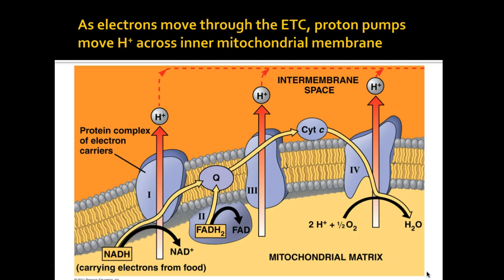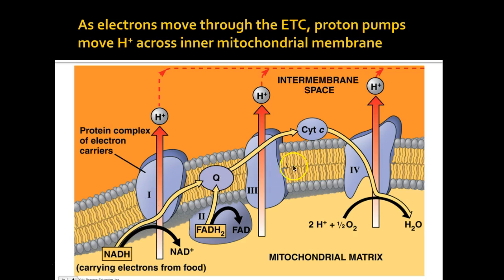As electrons move through the ETS, proton pumps move hydrogen ions across the inner mitochondrial membrane. So here you can see the electron carrier molecules, NADH and FADH2, that were all made during the processes of glycolysis, the transition step, and the Krebs cycle, all coming in and dropping off their electrons.